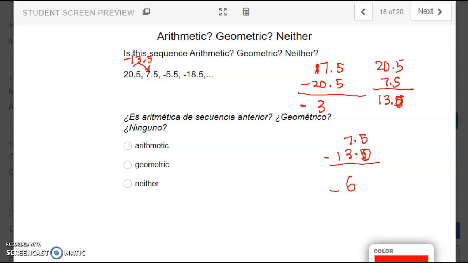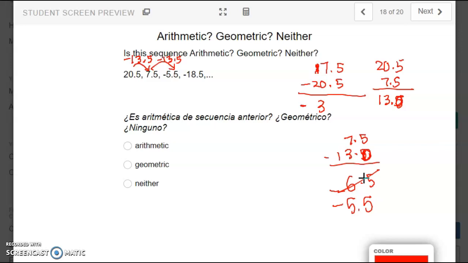So I'm taking away 13 from 7.5, so I am taking away another 5.5 and should end up with negative 5.5. Okay, so yes, you are adding negative 13.